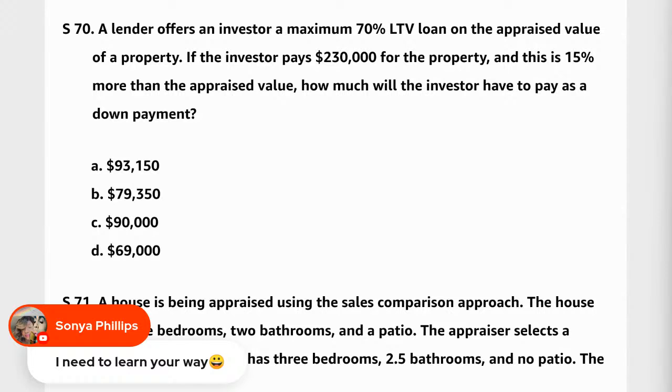The T formula is part divided by rate times whole. It can be written three different ways. The part on this problem equals 230K.